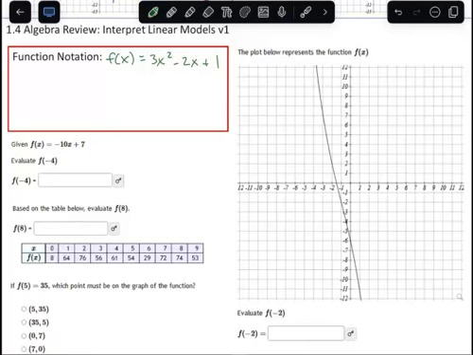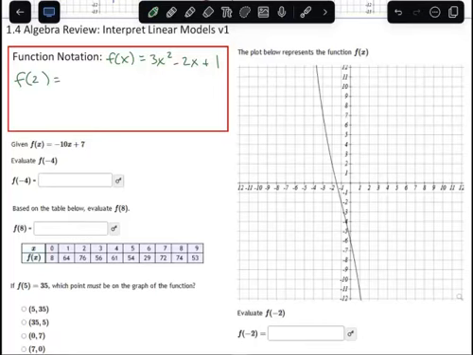And what function notation tends to be used for, especially in the context of the SAT, or standardized testing in general, is where the value inside the parentheses is a placeholder.